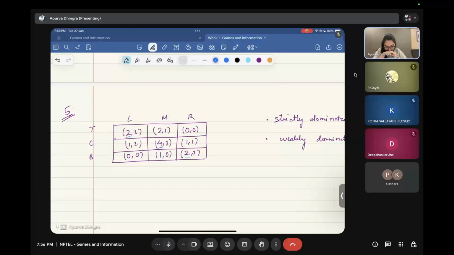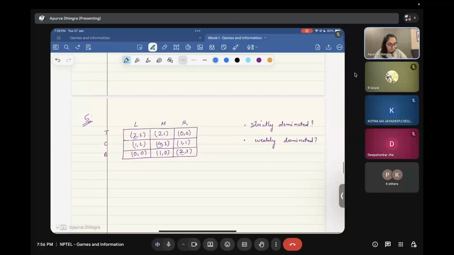Just by doing column wise, I can already see that for each strategy of the other player, my best choice is changing every time. So this one is not going to be very easy to solve, but nevertheless, this is for agent 1.